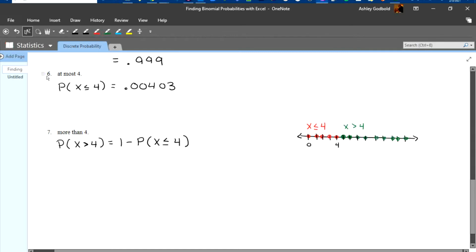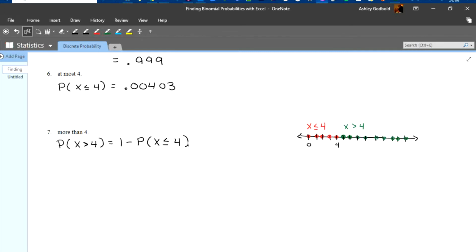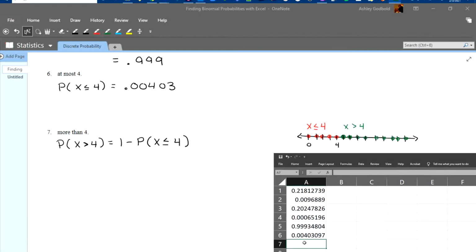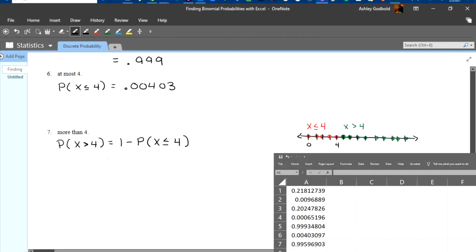So I could just do the 1 minus this cell again, but this time I want to actually type it all out so we can see how it works. That equals 1 minus binom dist, 4, 13 trials, 0.7 probability, and yes, I do want it to be cumulative. 0.996.